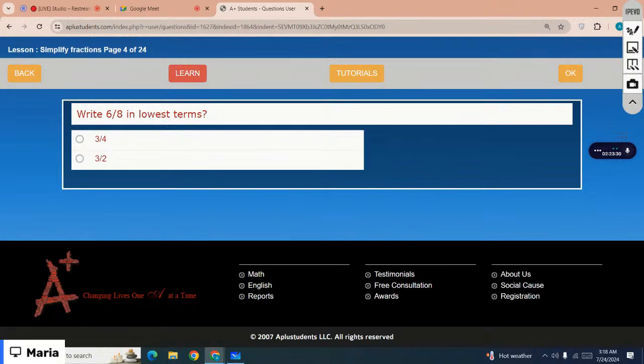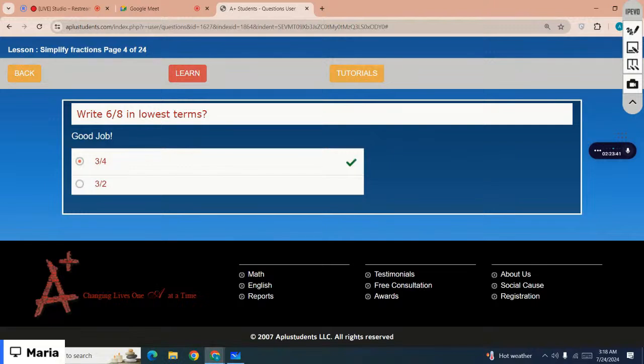The correct option is that is 3 over 4. Option number 1 is the correct option. 3 by 4 is the correct option.